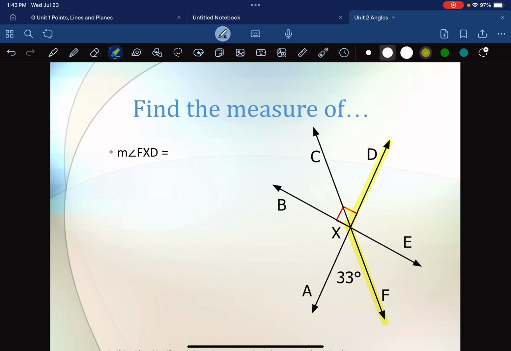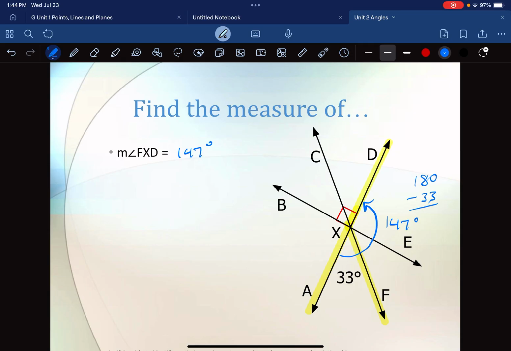So I can either extend FX through to C or DX through to A. And I think I'll do DX through to A because that gives me this angle 33. And so these two angles now make up 180. So 180 minus 33 is 147. That's my answer there.